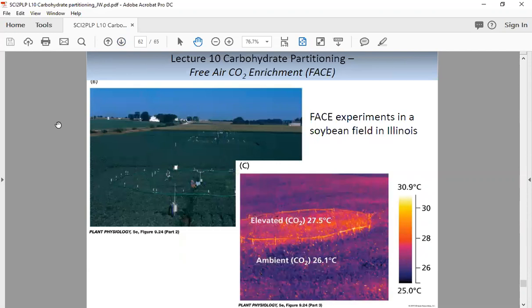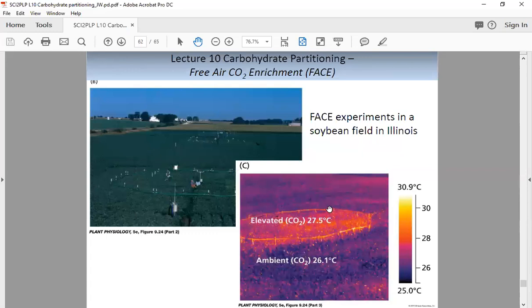All right, some more FACE experiments. These ones are being conducted in a soybean field in Illinois. And under elevated carbon dioxide levels, they found that leaf stomata were more closed, resulting in higher leaf temperatures, as shown by this infrared image down here of a soybean canopy.